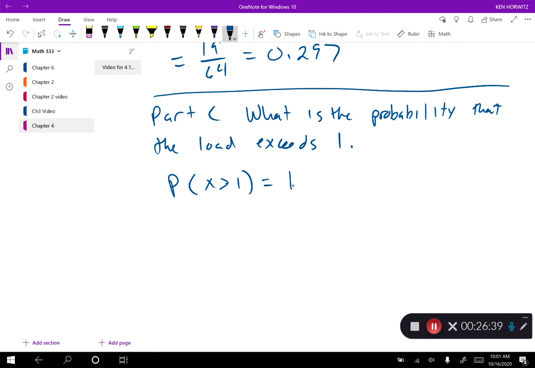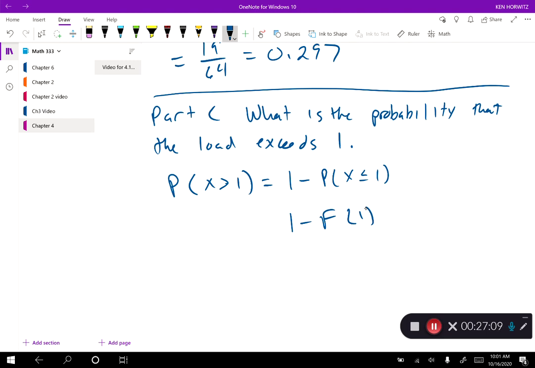So if I do 1 minus the probability that x is less than or equal to 1, I should get everything else. So in order to get that, I would do 1 minus my cumulative probability up to 1. Remember, the CDF is a cumulative probability, so the probability from 0 up to 1 would be big F of 1.